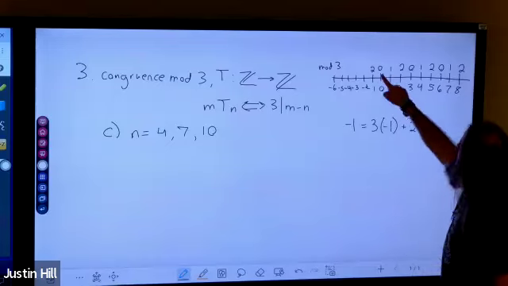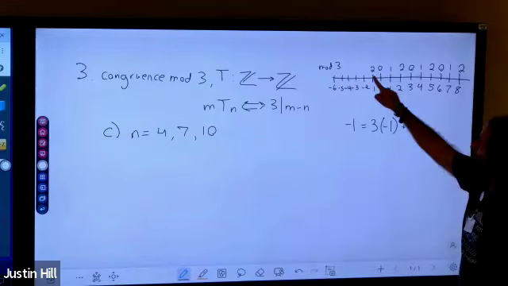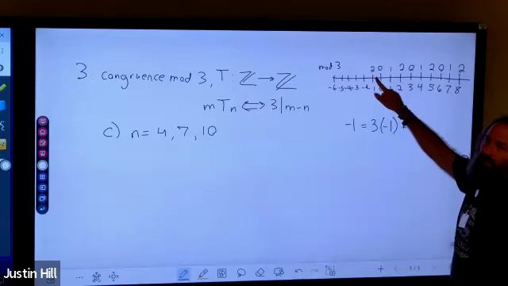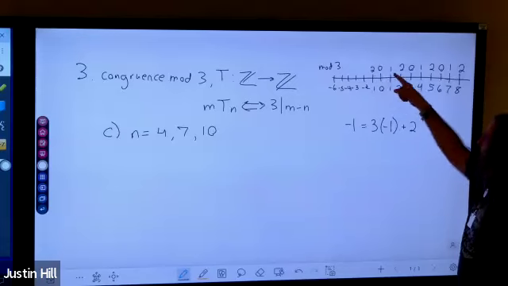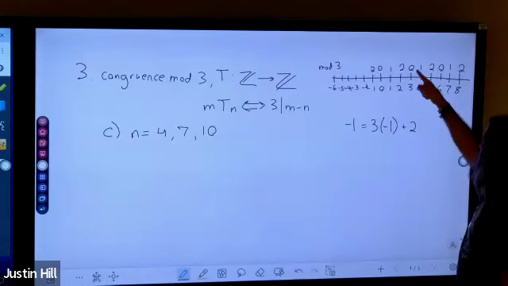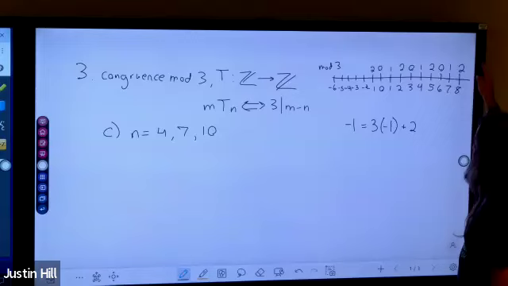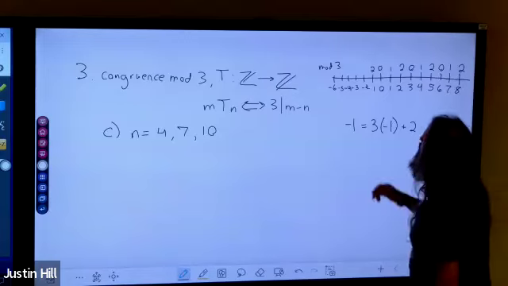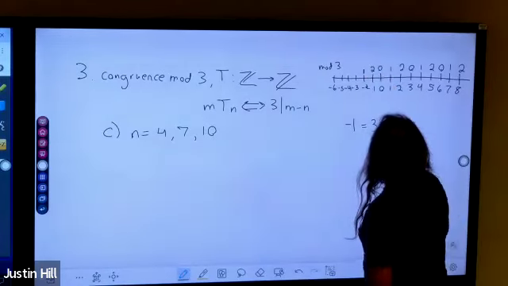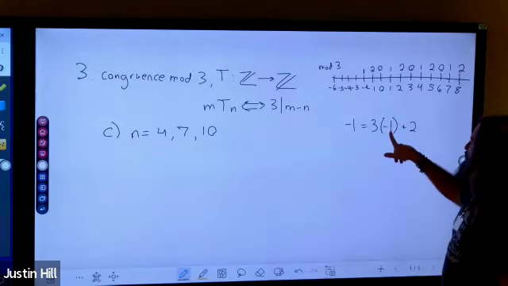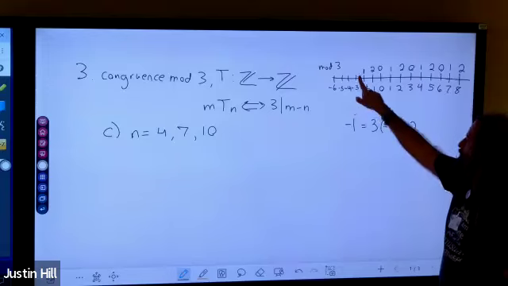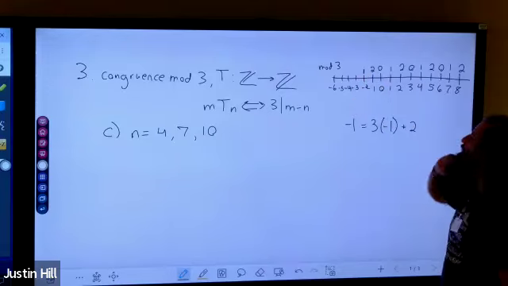And again, if you look at the numbers mod 3 using the pattern, it can't be anything but a 2, because our pattern is a 0, a 1, a 2, and then a 0, a 1, and a 2, and it keeps going that way. So that means -2 is going to be a 1, because 3 times -1 is -3, and then my remainder is +1 there.